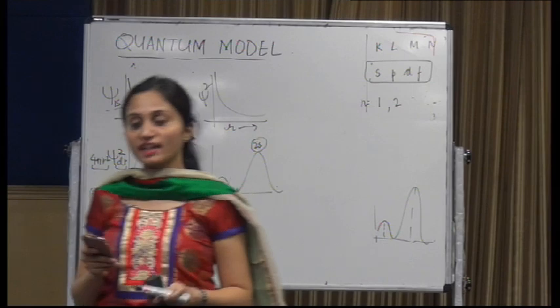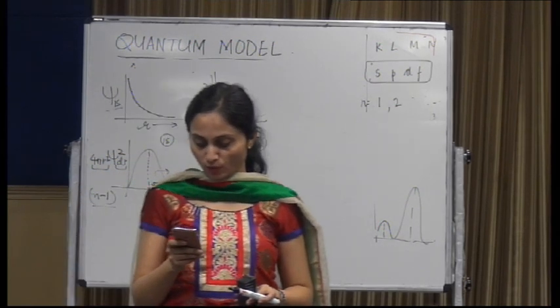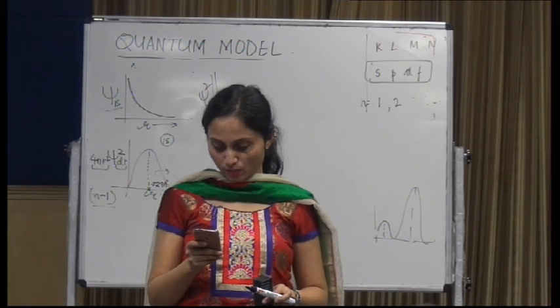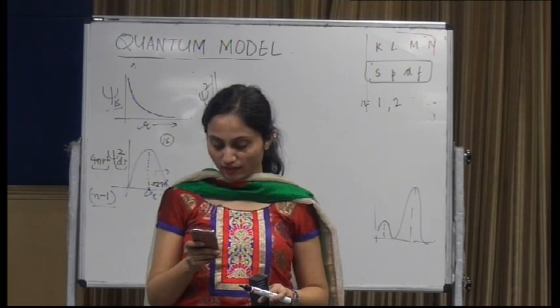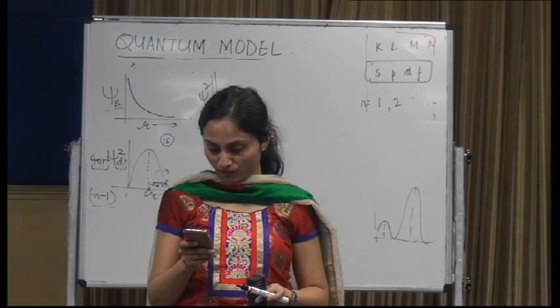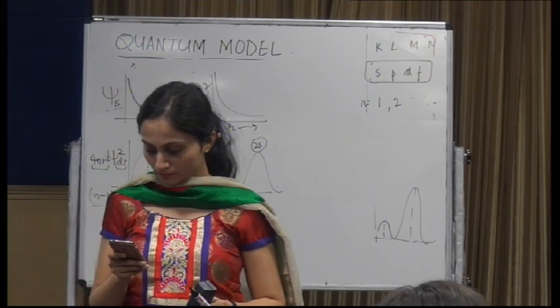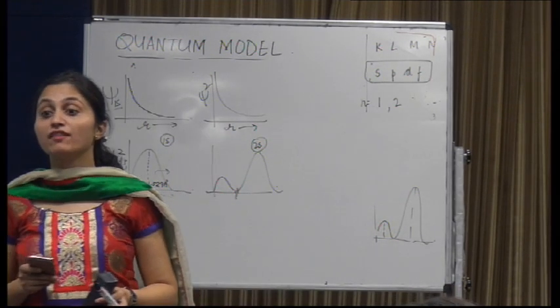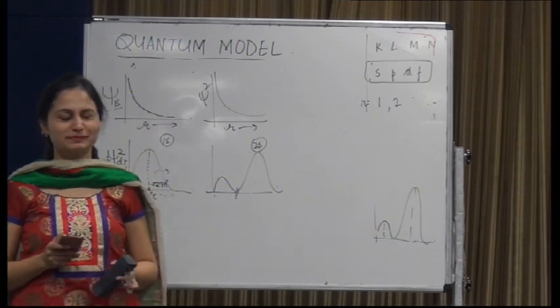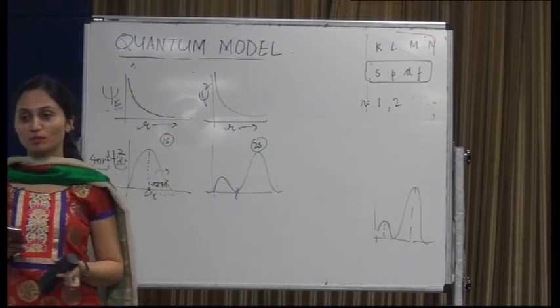Radial nodes are n minus 1. Now you have the azimuthal quantum number, small l, that's the azimuthal quantum number.